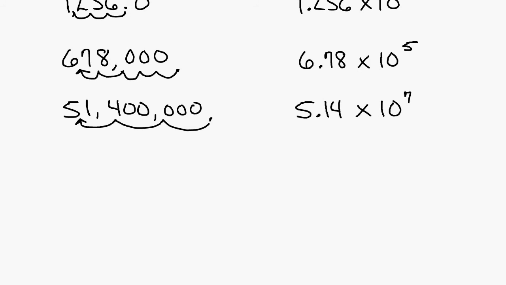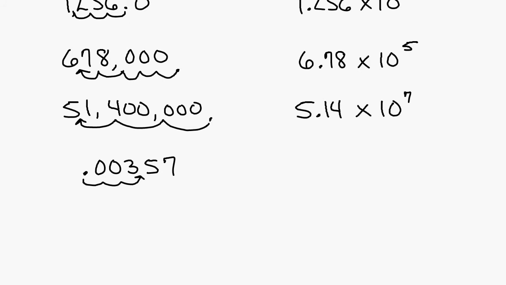All right. Let's try 0.00357. Now your decimal place is all the way on the left. Put your pencil on it, and we're going to go 1, 2, 3 to the right.